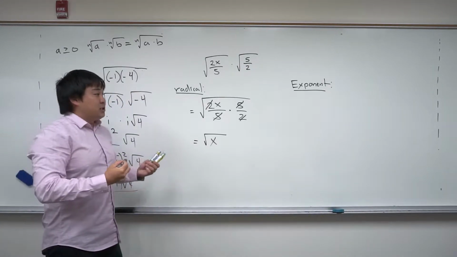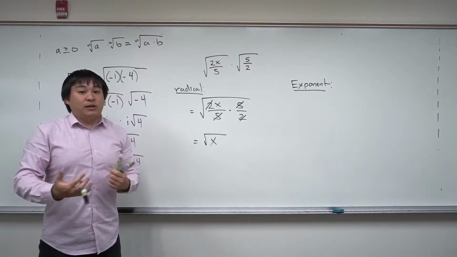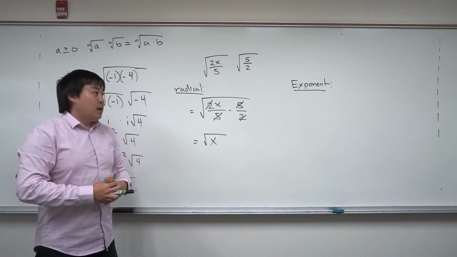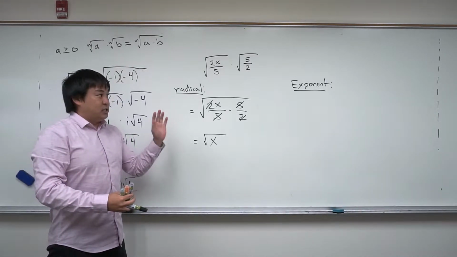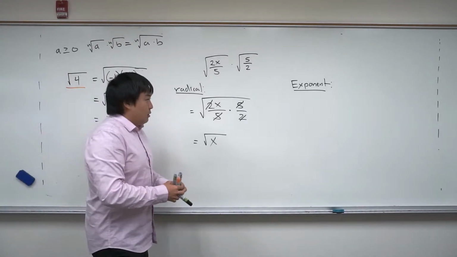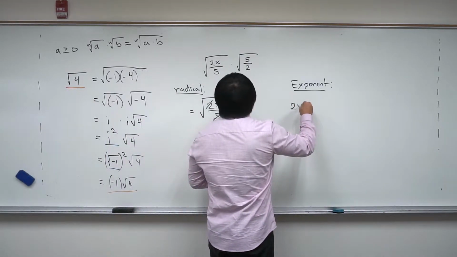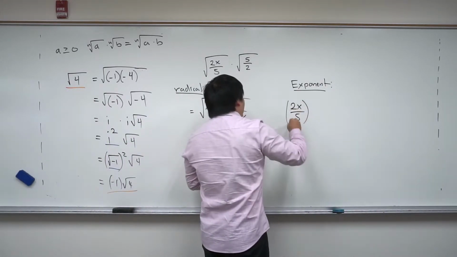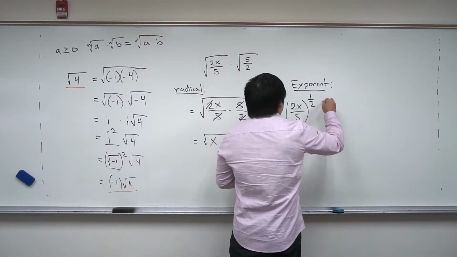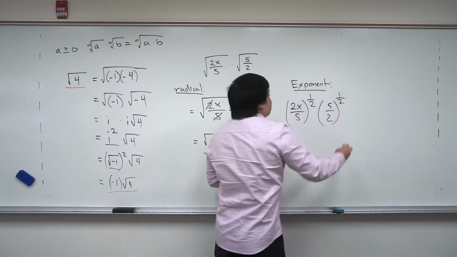Now, it depends on the situation, radical form versus exponent form. Some of them are easier at any given time. My personal preference is to use the exponent form because it's actually why these things work. So if you look at this one, you get (2x over 5) all to the half, to the half.